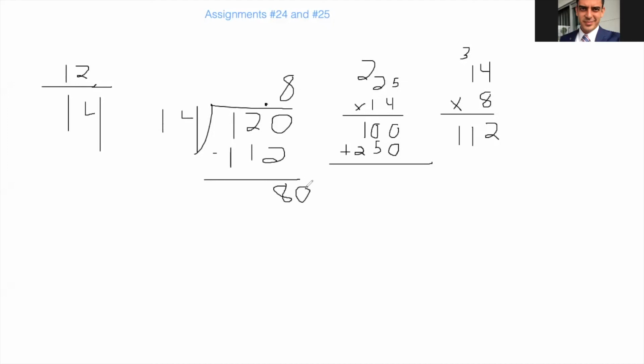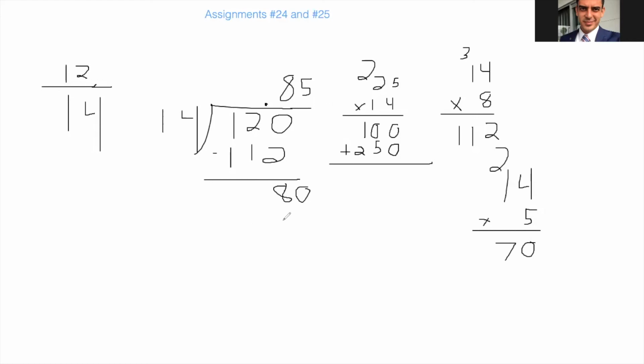Then you would do the same thing again. Try to figure out how many times does 14 go into 80. That would be something like 5. So 5 times 14. 14 times 5, this is going to be a 20. 5 times 1 is 5 plus 2 is 7, so 70. That's perfect.